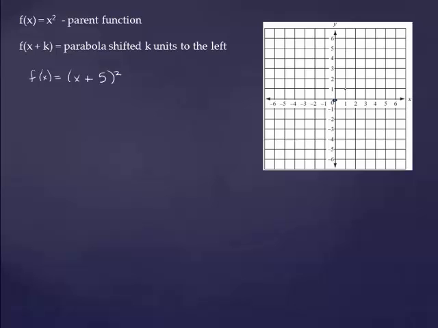Okay, so let's graph our parent function again so that we can see the change. So here's our parent function. Now we're going to shift that 5 units to the left. So our points will be in the same relative position as far as their spacing goes. We just moved it over.